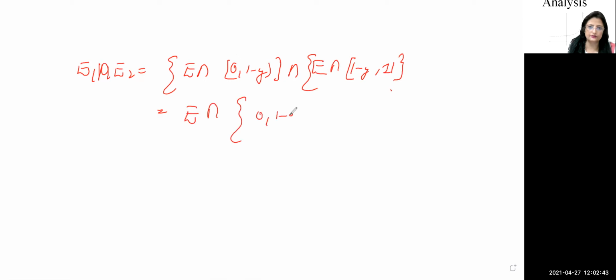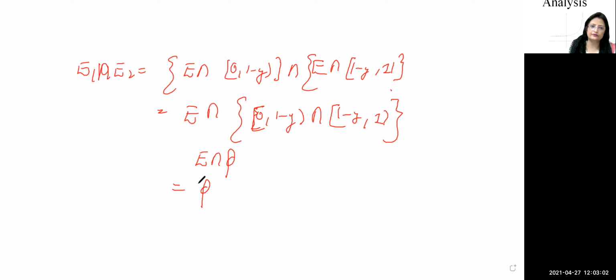So 0 to 1 minus y intersection 1 minus y to 1. Now nothing is common here, so this intersection is phi, this is equal to phi.